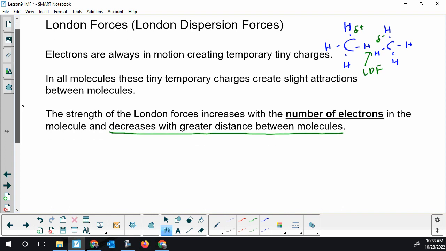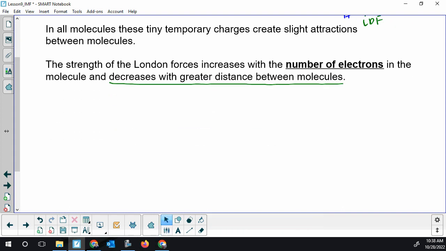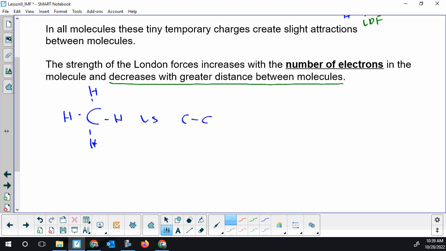So I'm going to compare 2 molecules. I'm going to compare London forces in methane versus ethane, meaning 2 carbons. So this is how it may be presented on a test.